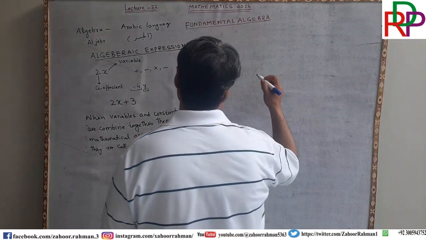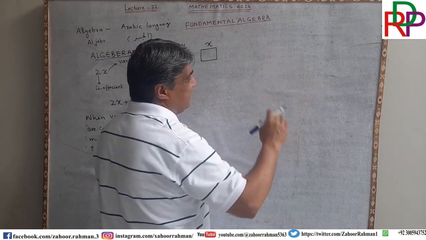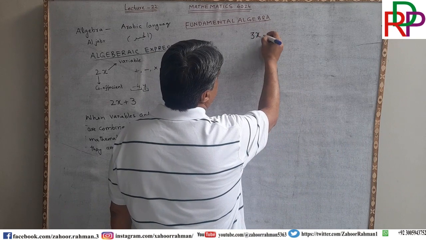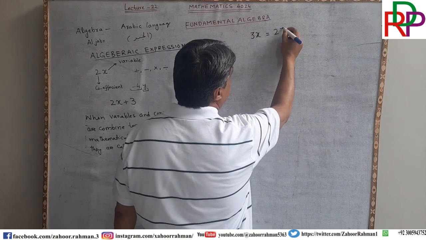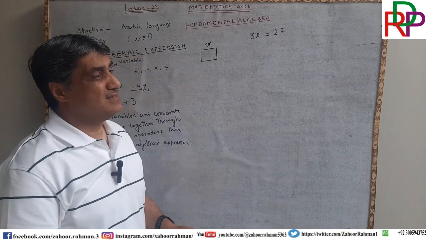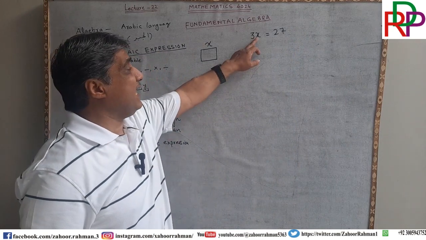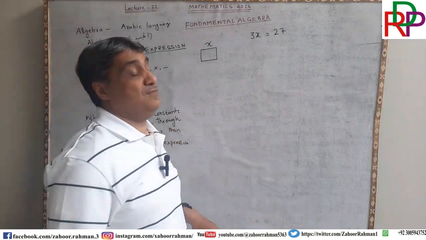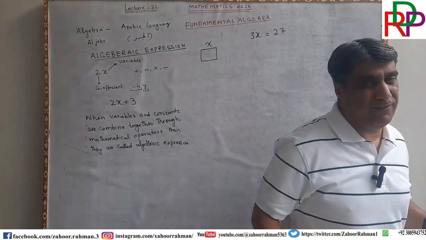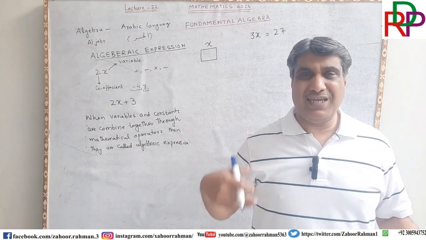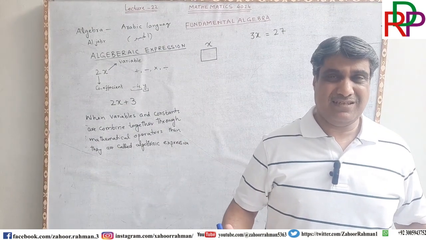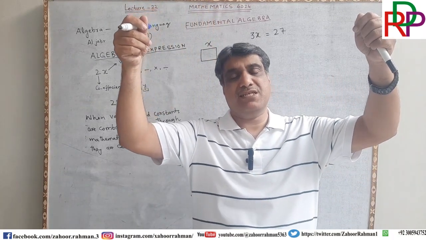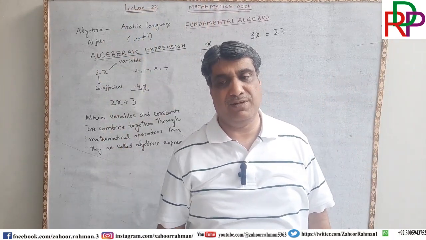For example, if 3 balls cost $27, then what is the price of X? Now this is algebra. If you don't know in advance what is the price of this box, and somebody is showing you the box, that is not algebra.